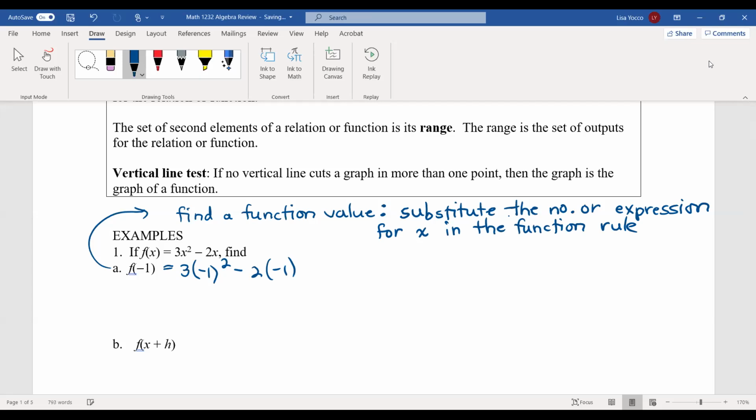Okay. So when we substitute -1 in the function, then we follow the order of operations. So when I square -1, I get +1. The -2 times -1 becomes +2, and that's just 3 + 2, which is 5.